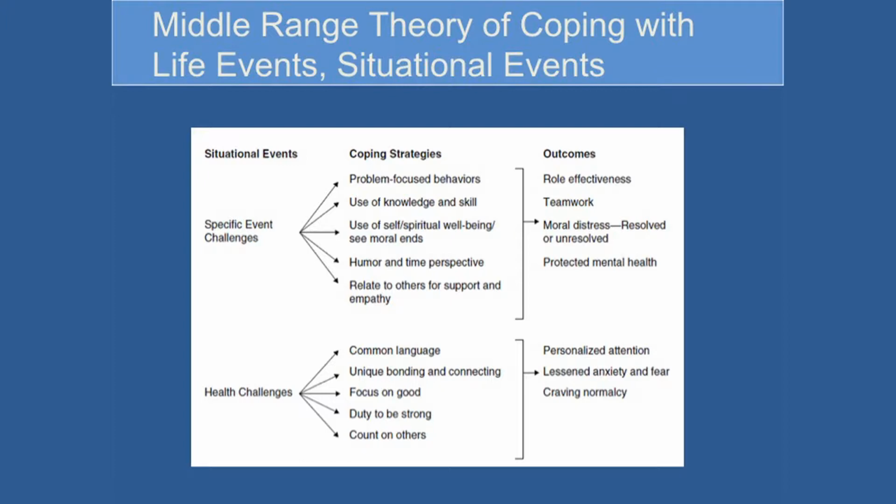The outcomes then, in the first category of specific event situations, involved role effectiveness, teamwork, moral distress, resolved or unresolved, and protected mental health. In the health challenges, the outcomes included personalized attention, lessened anxiety and fear, and craving normalcy.